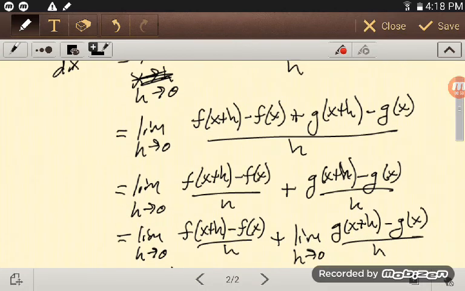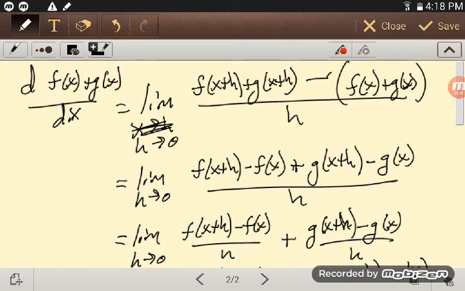I'm just going to show you, so what happens if it's different? Oh, well, that would be a minus, and that would be a minus. What happens then? Well, when I rearrange, you still get f of x plus h minus f of x. But here, instead of plus g of x, this would have been a minus here, and that one would have been a plus.